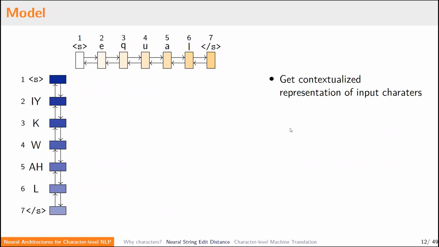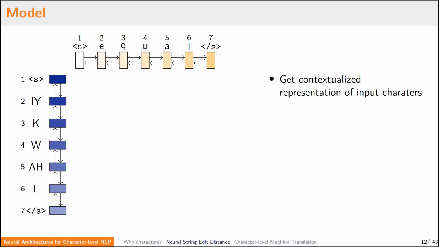So when we have the two strings, in this case, it's the English word equal that we want to transcribe to phonemes, we have the sequences, and now we are interested in how probable is the phoneme sequence equal given the string. We start by getting contextual neural representations of the symbols.